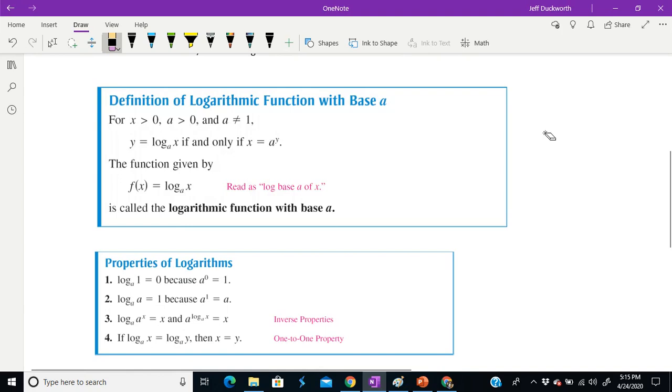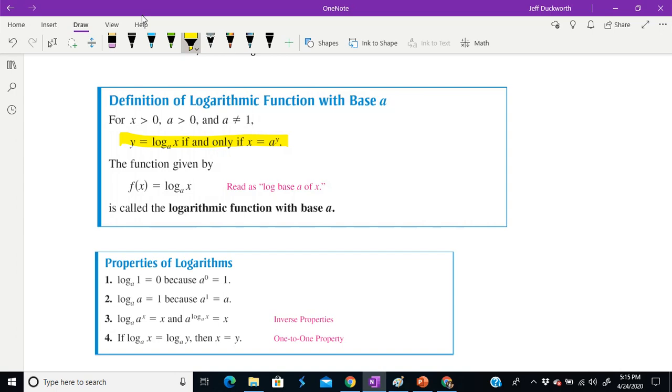We have some of these properties here. Log base a of 1 is equal to 0 because if we look at this property over here, we're going to have our value, which in this case is 1, equal to a to the 0.